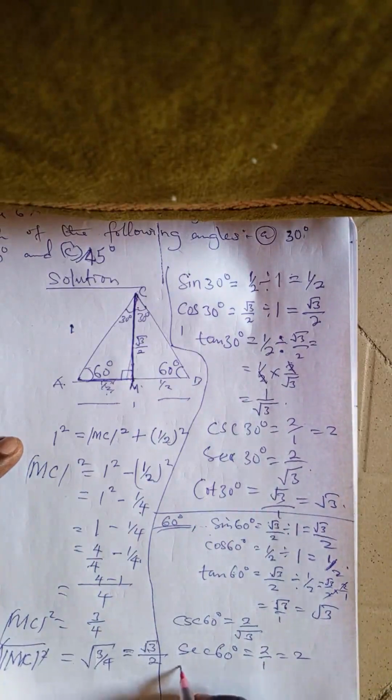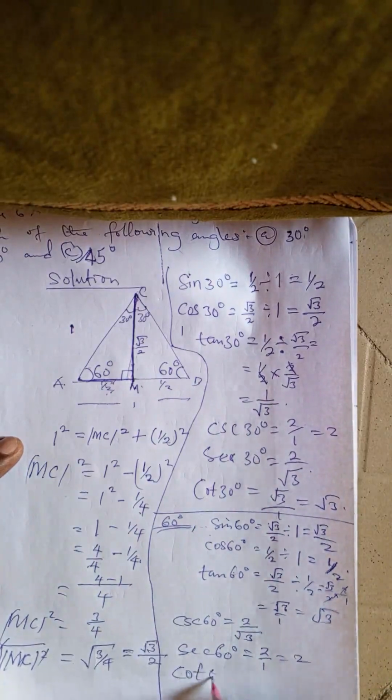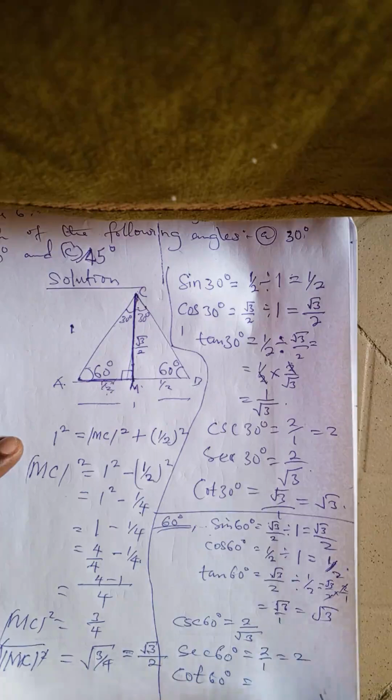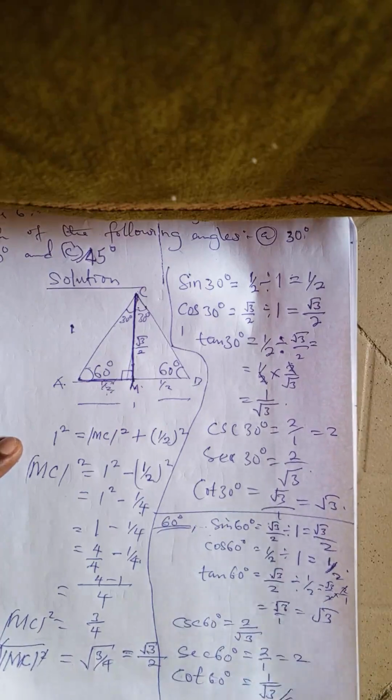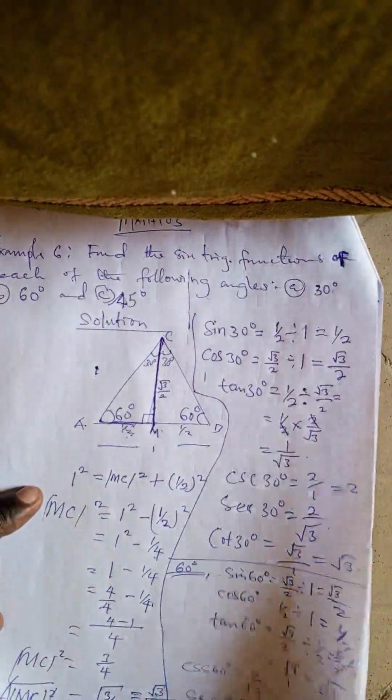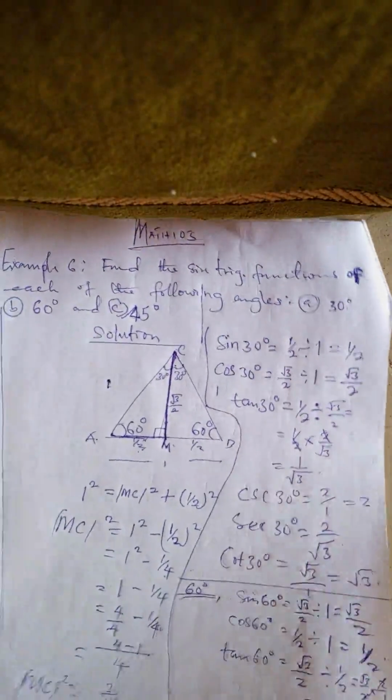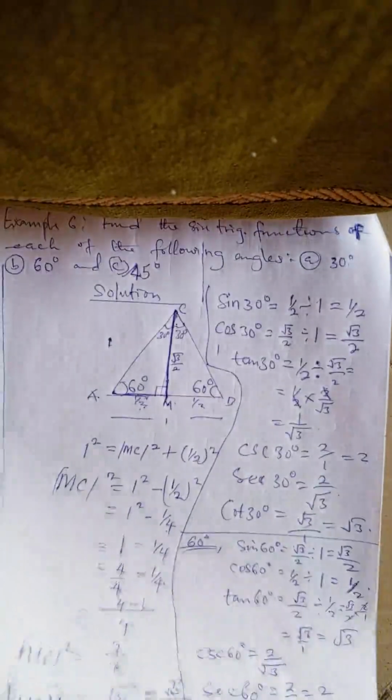Now we have cot 60 degrees. This is equal to 1 over root 3. And that is it for 30 degrees and 60 degrees.